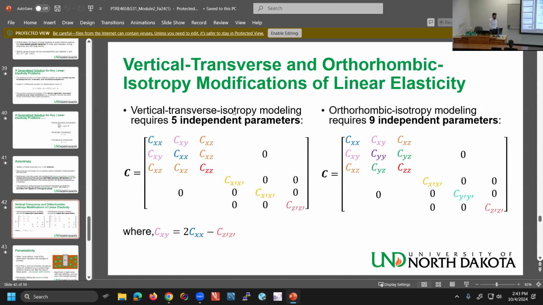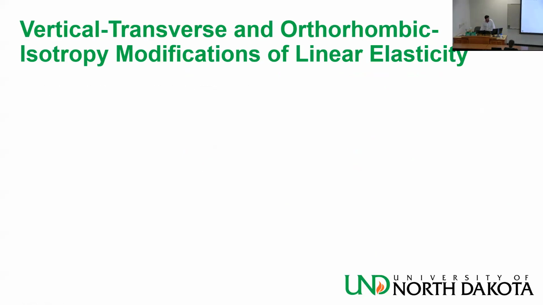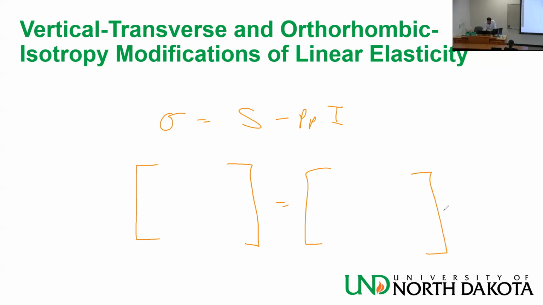And we said how we incorporate the fluid model in my system. It was something like, let's write it. Sigma equals S minus PP I, and that became the matrix equals the matrix minus PP times the identity matrix.